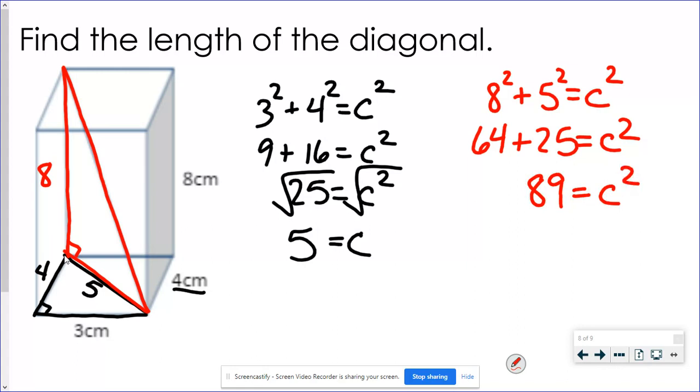That would be 9. So this is going to be a little bit more than 9, because that 81 would be 9 if we took the square root. So you should be able to get an idea of about how big these answers should be. Oh, and I just messed up in my calculator. This is going to be about 9.4.